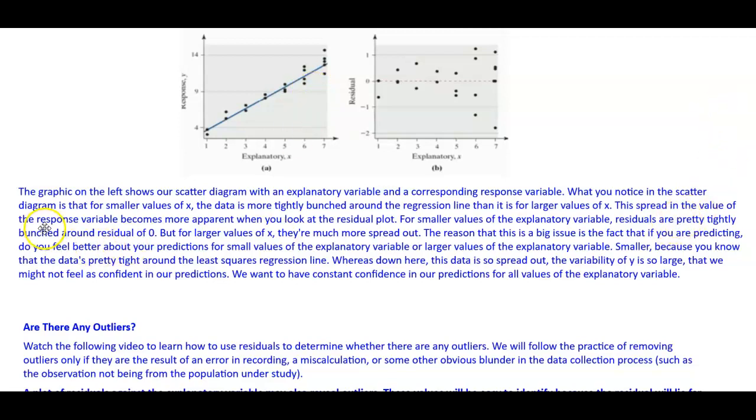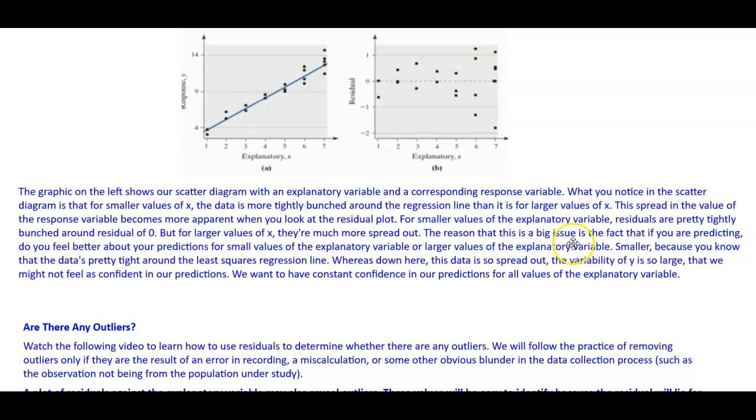This spread in the value of the response variable becomes more apparent when you look at the residual plot. So for smaller values of the explanatory variable, if you look on the right, the residuals are pretty tightly bunched around a residual of 0. But for larger values of x, they're much more spread out.